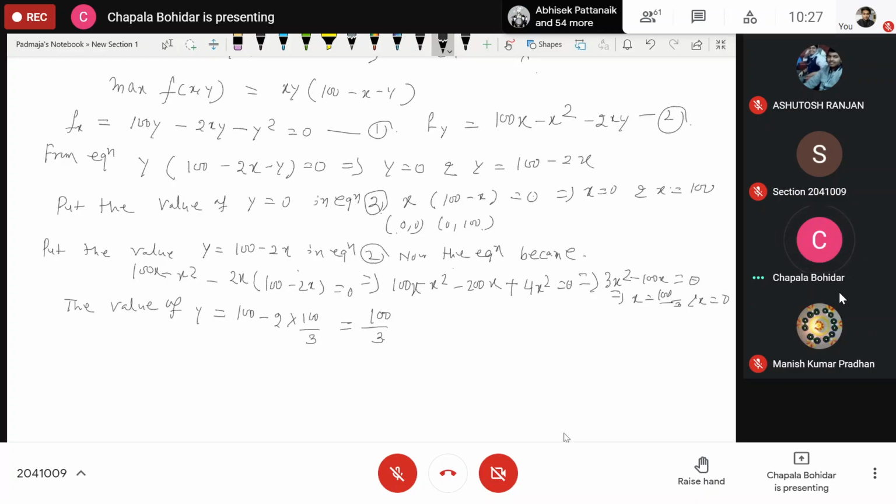Okay, 100 by 3. And when I put the value x is equal to 0, we get y is equal to 100. Already we got that value. So now my critical point is x is equal to 100 by 3, y is equal to 100 by 3.